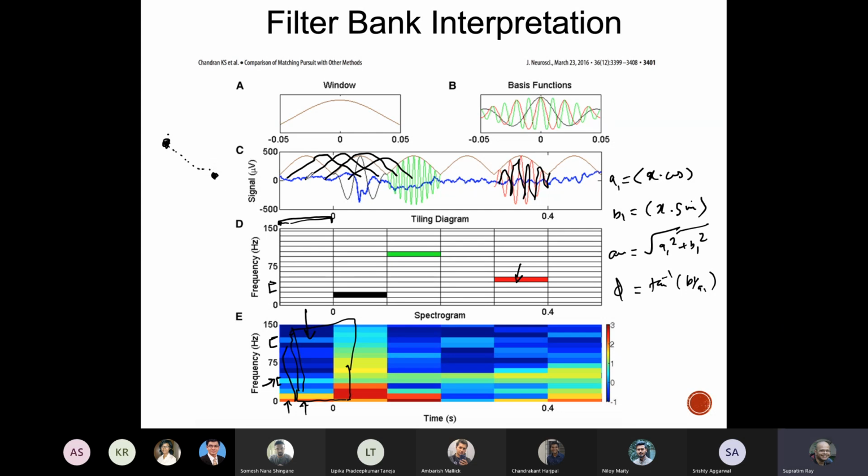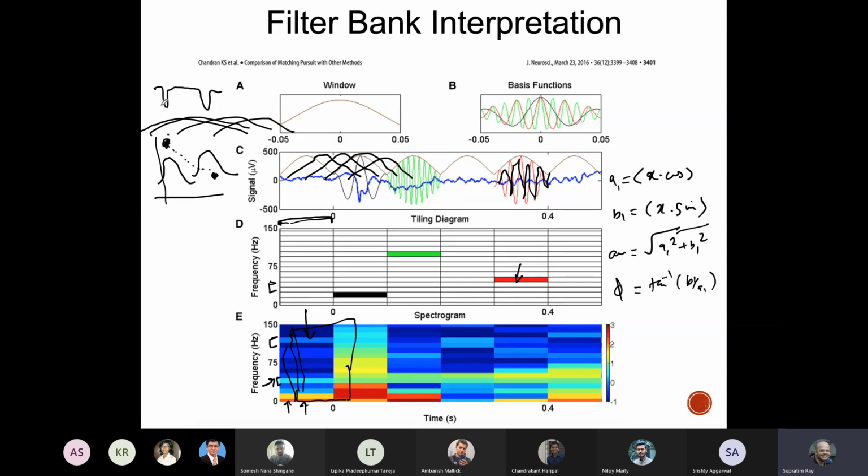If I have got a bump in the signal like this and another bump like that, in order to capture them properly, I need windows that are short. If I've got a long window, it's going to just smooth out these bumps. It doesn't matter whether I translate it by baby steps or long steps.